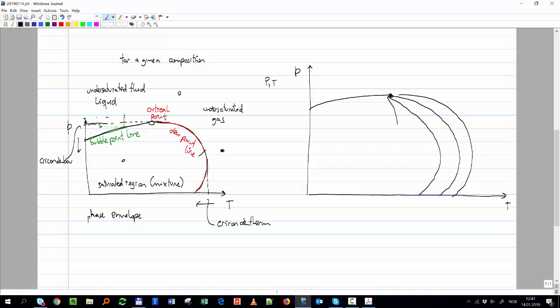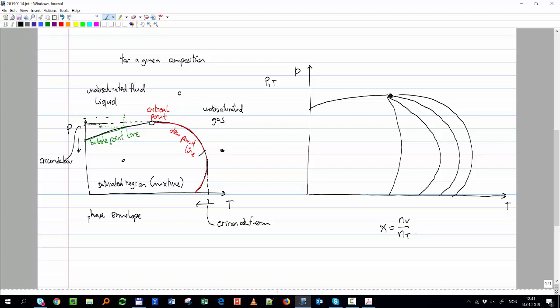That's not so important. But quality, sometimes people use the letter X for quality, means number of moles of vapor divided by the total number of moles.